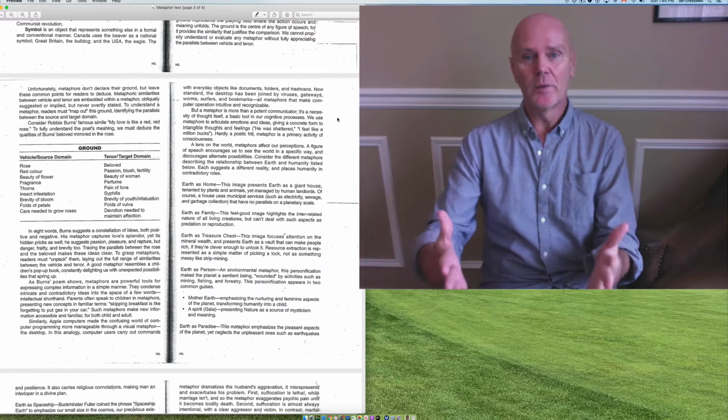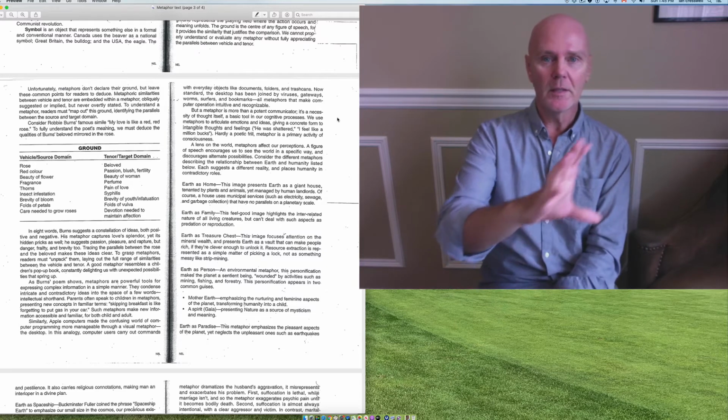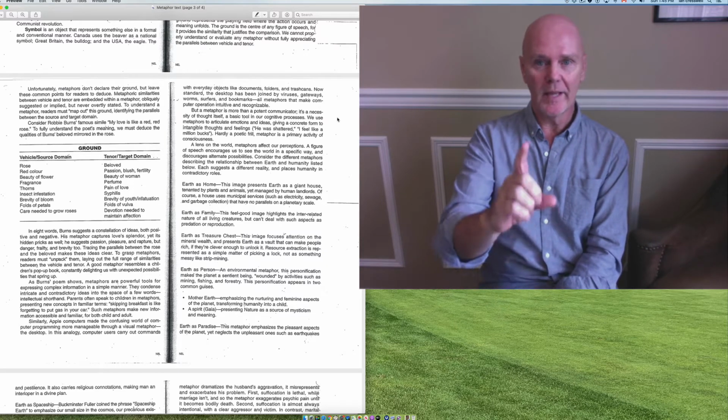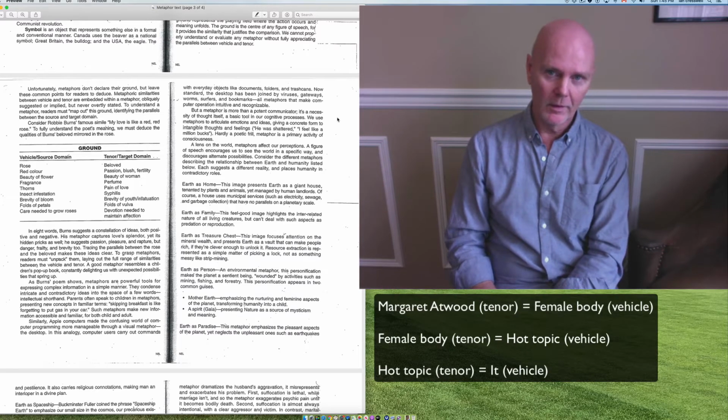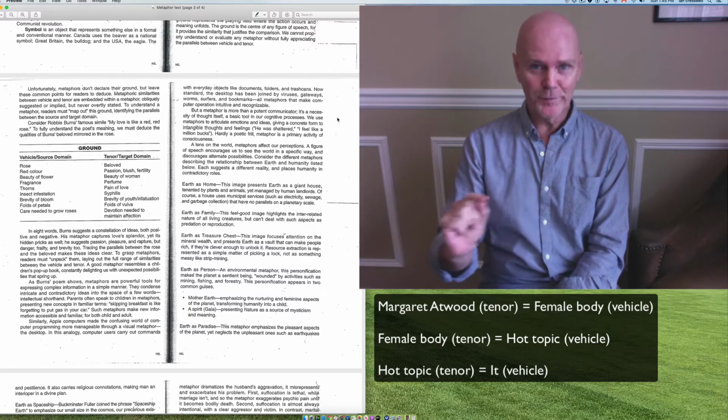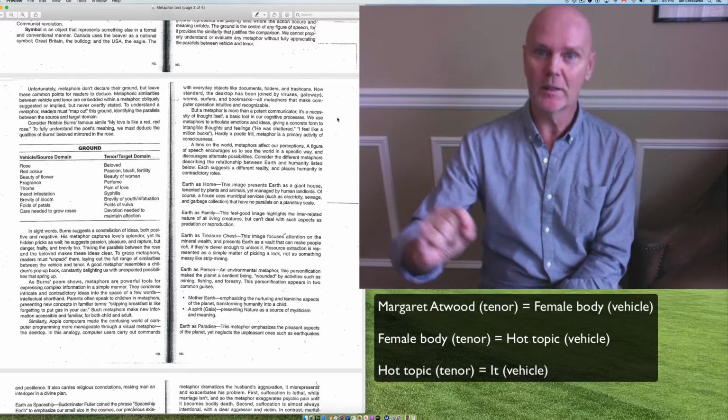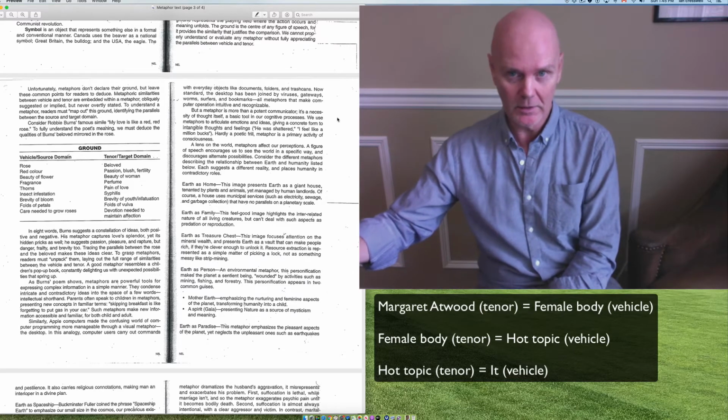And let's do this to her. Let's say, here's Margaret Atwood, tenor, vehicle, female body. And the metaphorizing, objectifying process has begun.